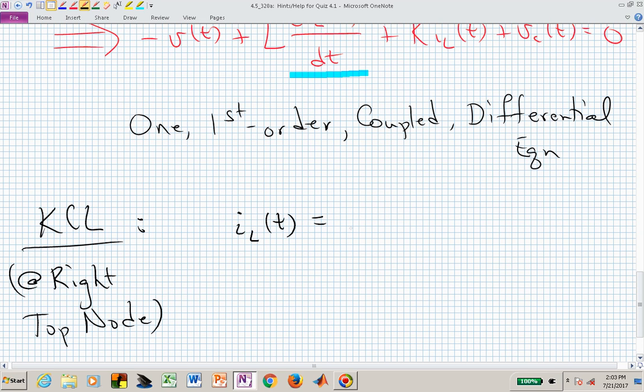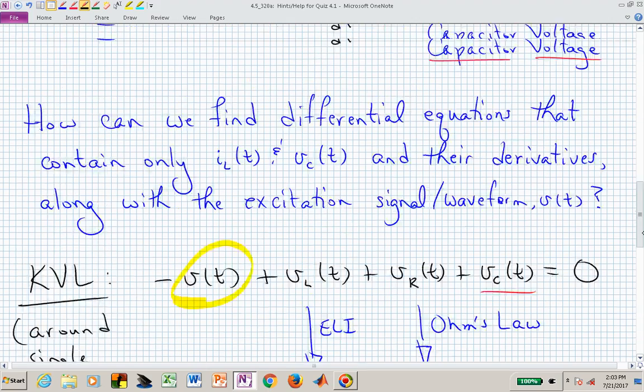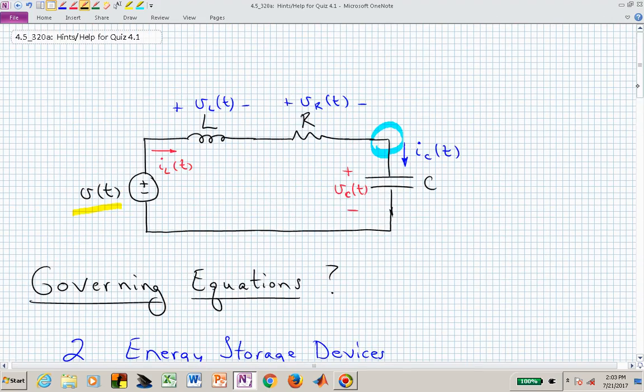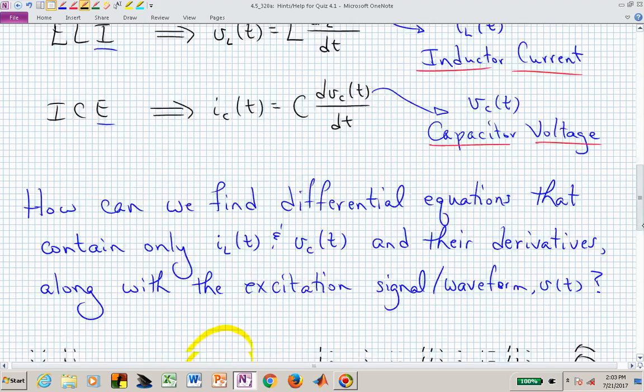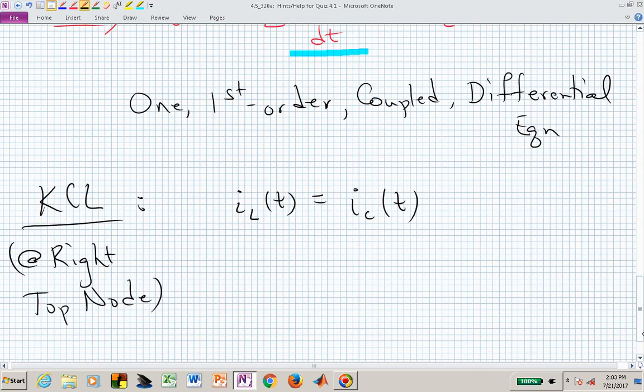That's what we want. And that's the same as I sub C of t. Or if we go back to this highlighted node in the upper top right corner, we can see that I sub L is coming into that node and I sub C is leaving. So I sub L in, the sum of the currents in, equal the sum of the currents out. And that's now consistent with this equation.